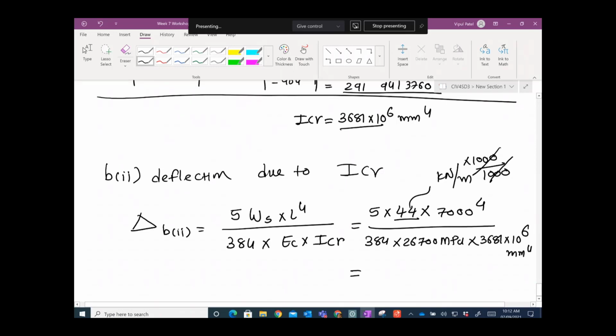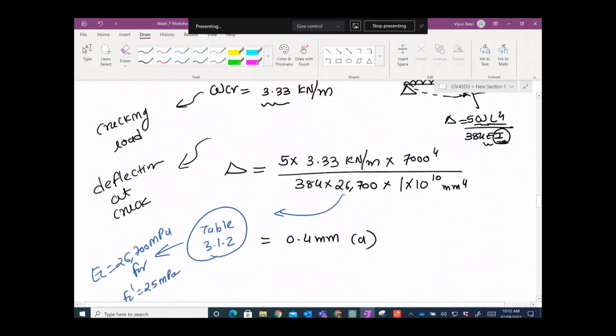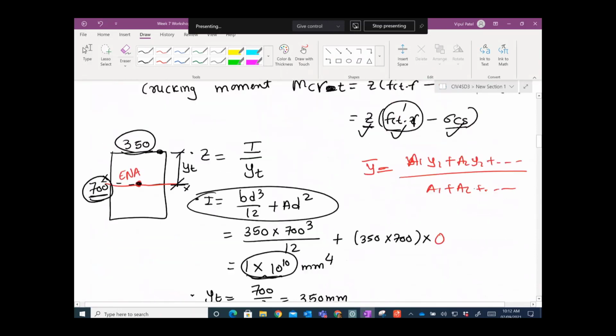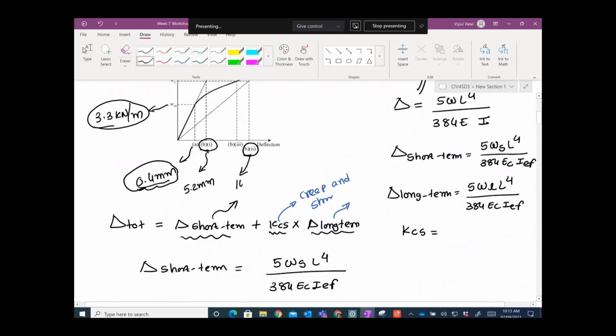So with I crack you have 14 millimeters. Keep an eye on those numbers, right? It's making sense that you have these 14 millimeters for B2.